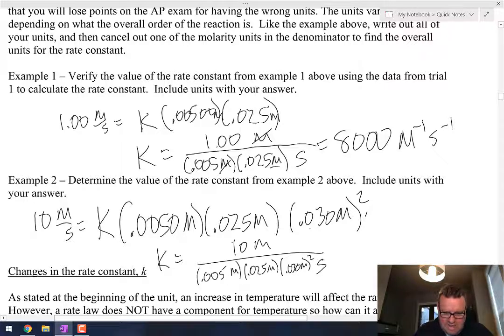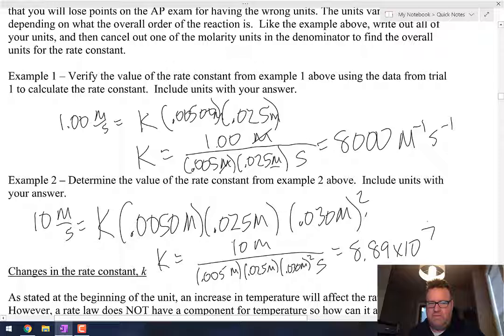So I get 10 divided by 0.005 divided by 0.025 divided by 0.030 squared. And I get an answer, let's put that in scientific notation, of 8.89 times 10 to the 7th.